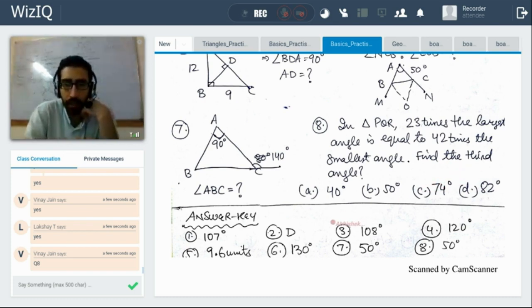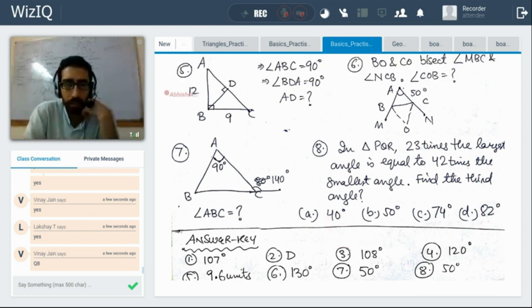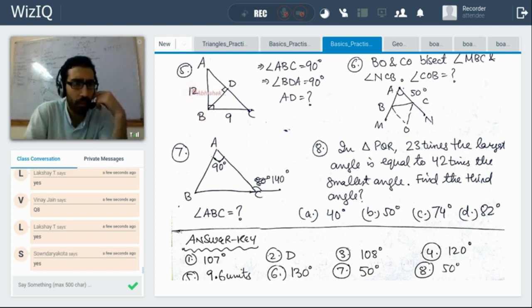So I can start by taking the third angle. Am I audible? I don't know why the screen is not working.